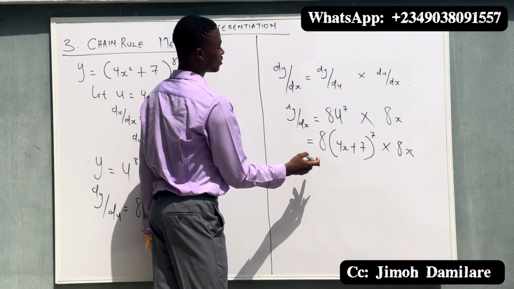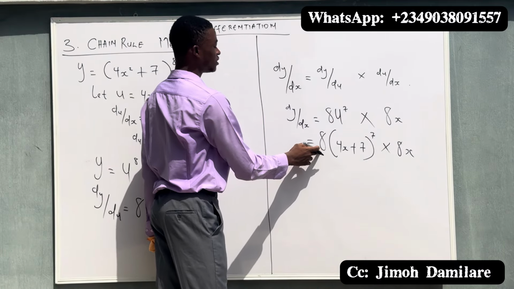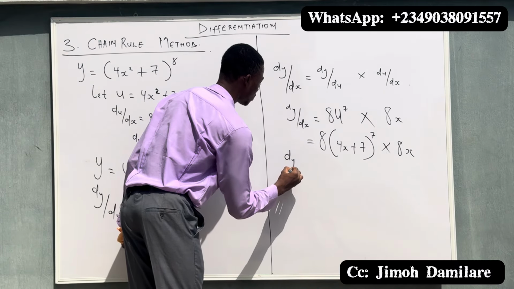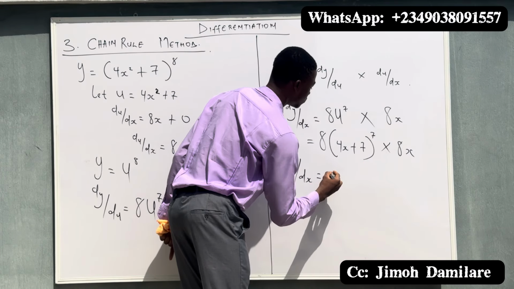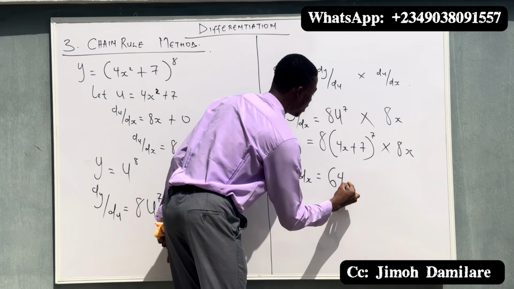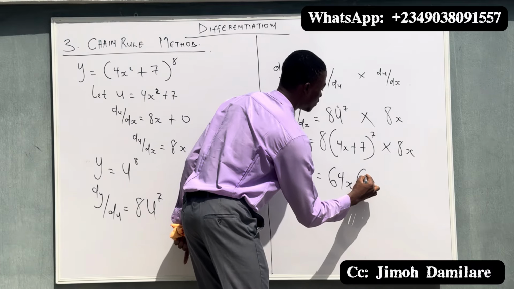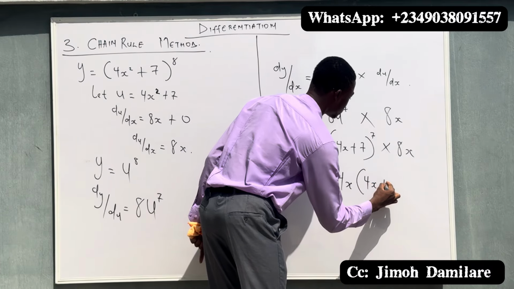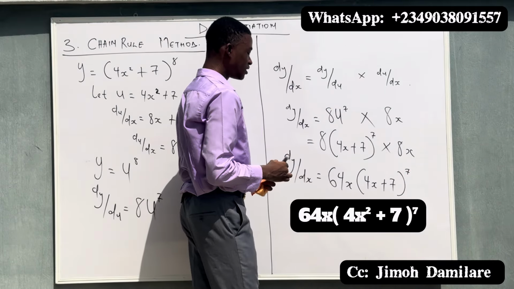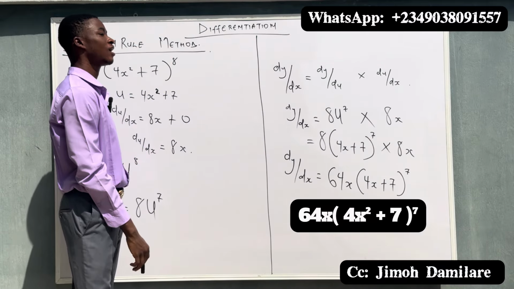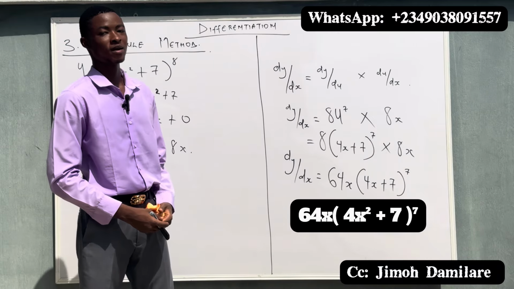So looking at this, you can see that this 8x can multiply the 8 that we have here. So our dy over dx will be given as 8 multiplied by 8x, which will give us 64x. So we have 64x open bracket 4x squared plus 7 raised to power 7. And this is given as our final answer to questions of this type.